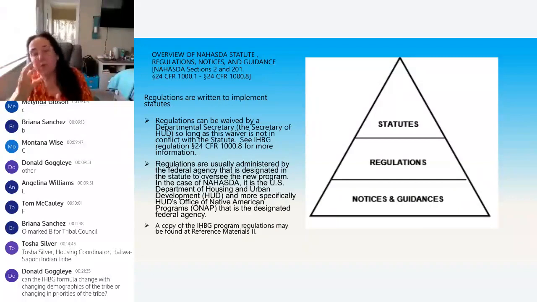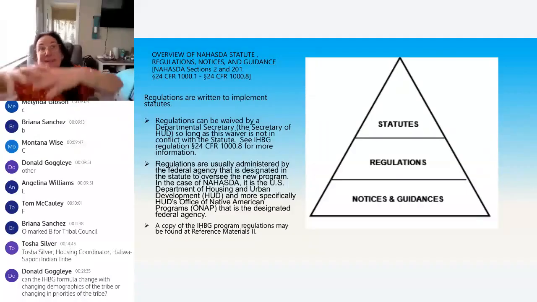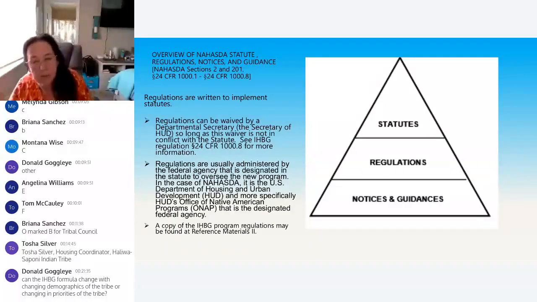So the regulations were written to implement the statute. The people in negotiated rulemaking decided that they weren't going to duplicate anything that was already explained clearly within the statute. They didn't put it in the regulations unless they found it confusing. So the regulations can be waived by a departmental secretary.